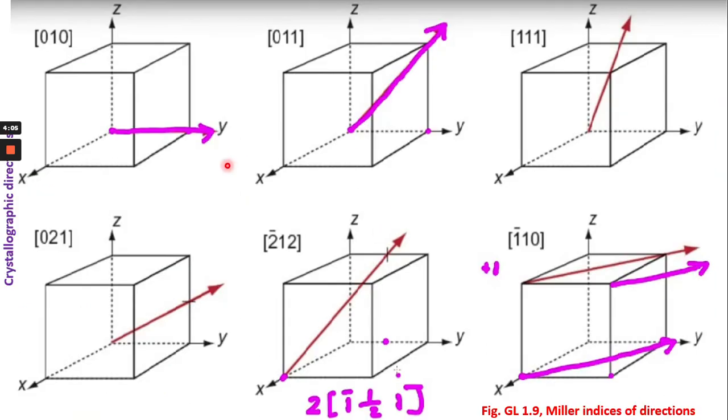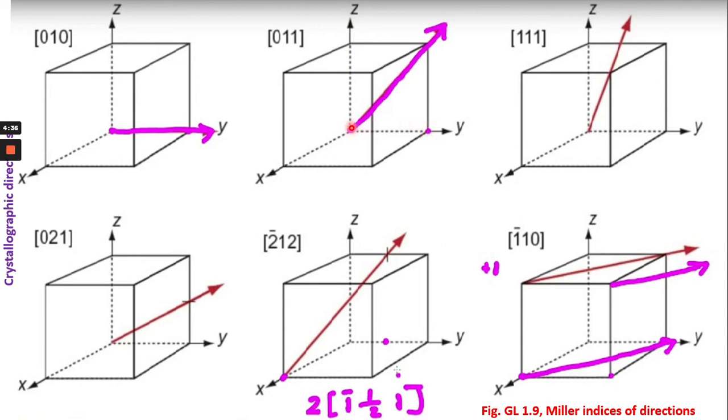So here I have a couple of cubes with different directions. Let's start from this again. 0, 1, 0: along x you move 0, along y you move 1 and along z 0, which means this is the direction. 0, 1, 1: x 0, y 1 up here and z 1 up there, because this is equivalent to this one, which is parallel.